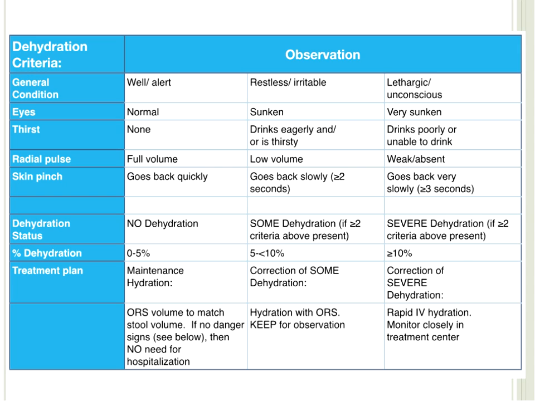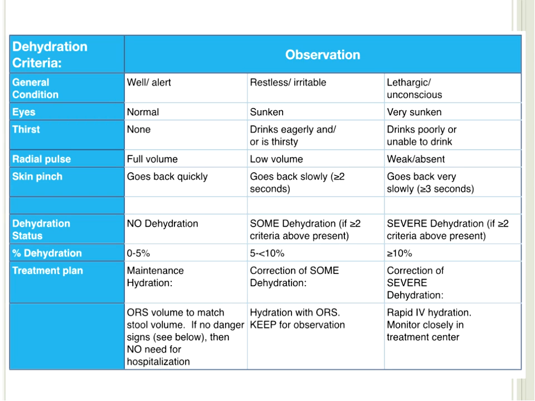However, if the patient is a little restless, has a little bit of sunken eyes, their pulse is weak but not absent, they have some skin turgor, and you classify them as being mildly to moderately dehydrated, you want to hydrate them with ORS, and you want to just observe them.